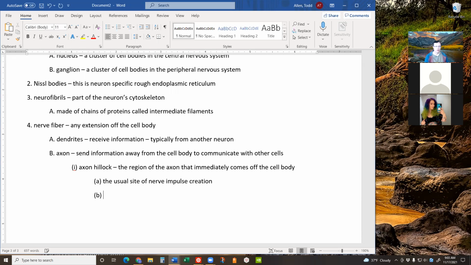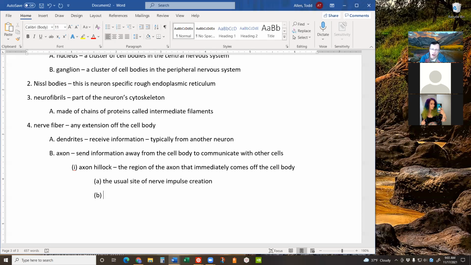And I want to say some things here that might not make too much sense yet, but the reason the axon hillock is the specific section where most nerve impulses start is because the anatomy of the axon hillock is very unique. And by that, I mean the plasma membrane of the axon hillock has an unusually high quantity of ion channels, particularly sodium ion channels.